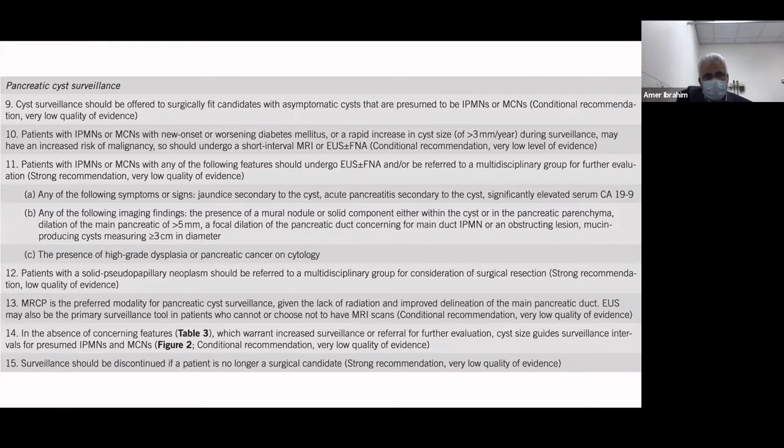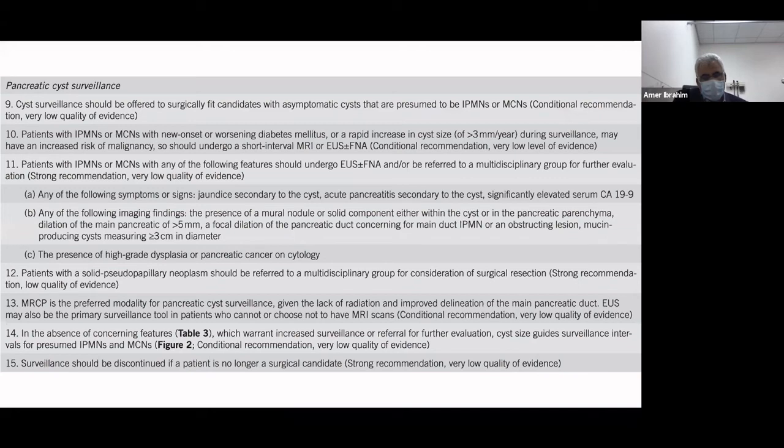Recently they started to modify the annual imaging according to the size of the cyst. If the cyst is less than 1 centimeter, you do imaging once every 2 years. If the cyst is between 2 to 3 centimeters, you do it every 6 months. Between 1 to 2 centimeters, you do the imaging every year.